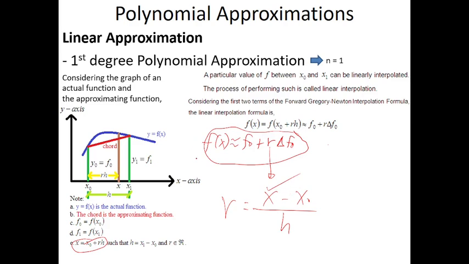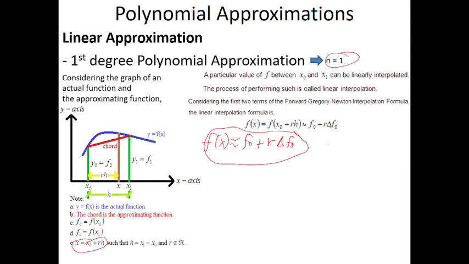That makes the whole equation linear, so n is 1. That's the meaning of n equals 1. So x to the first power, meaning n is 1. It is now a linear function, approximated by a linear function.